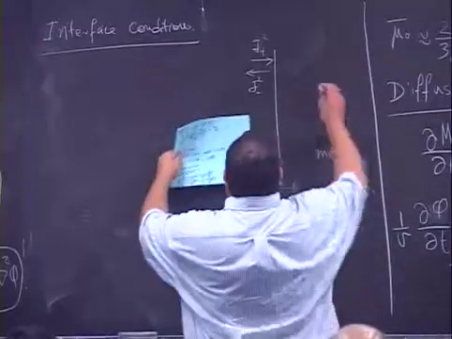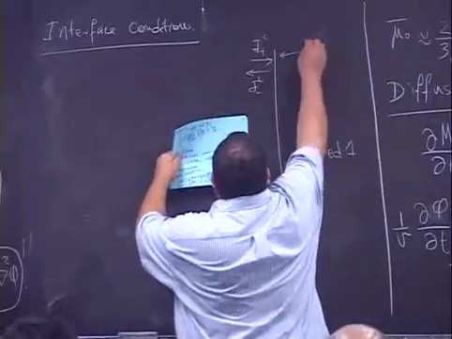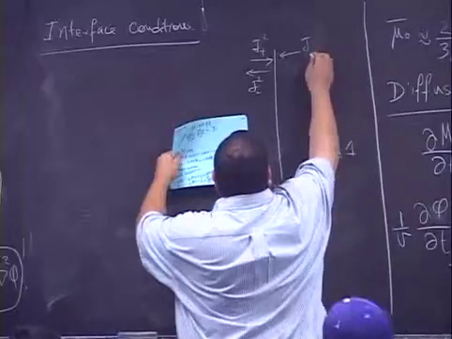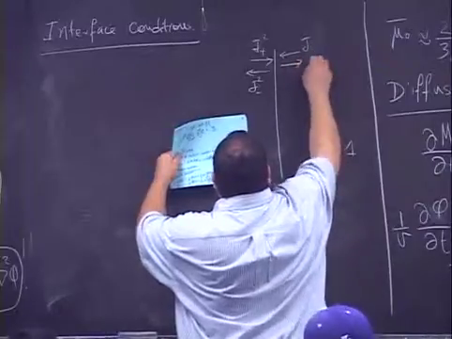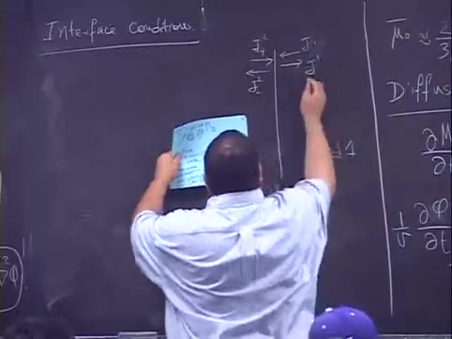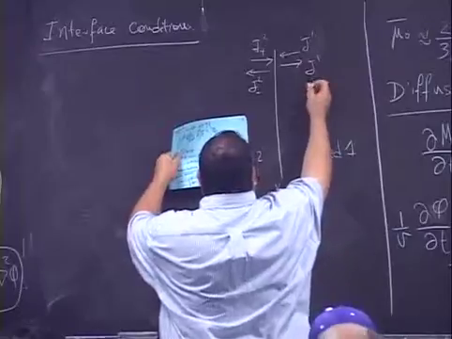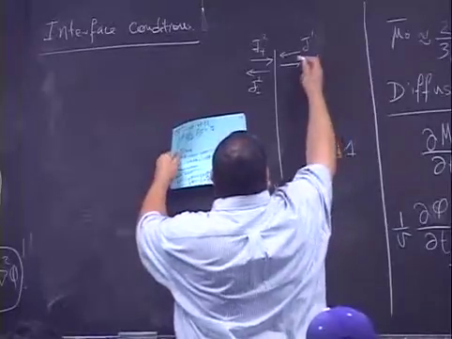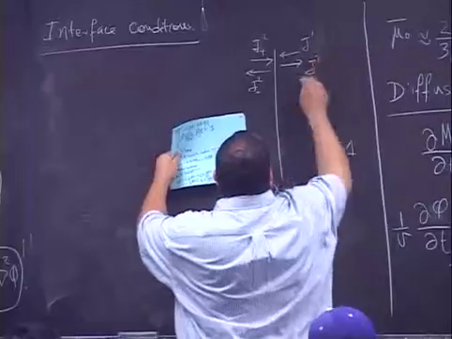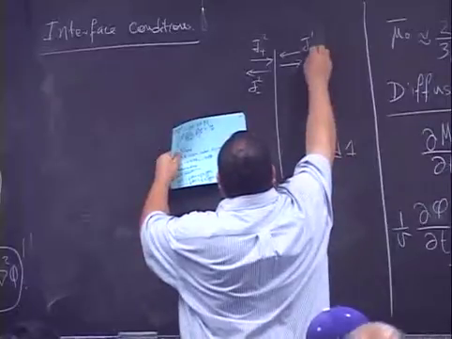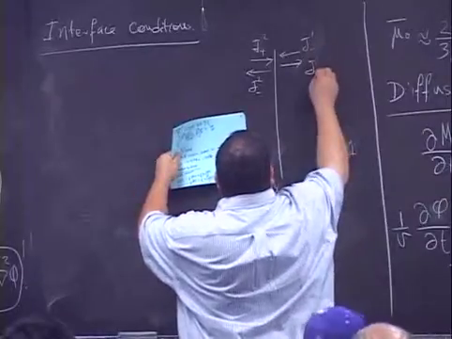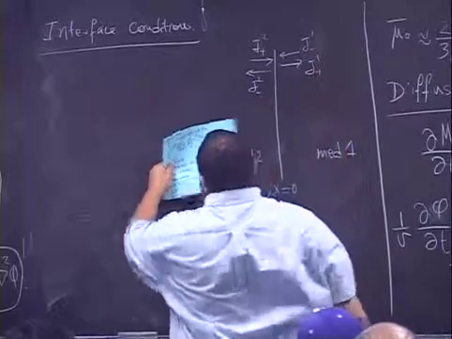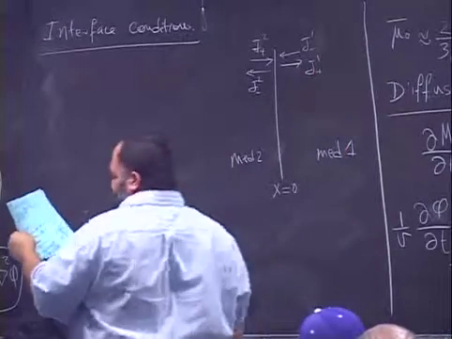And again the same J plus and J minus for medium 1. And then what gets out from medium 1, we will call it minus, and this is plus, I think. Let me try to look at it.